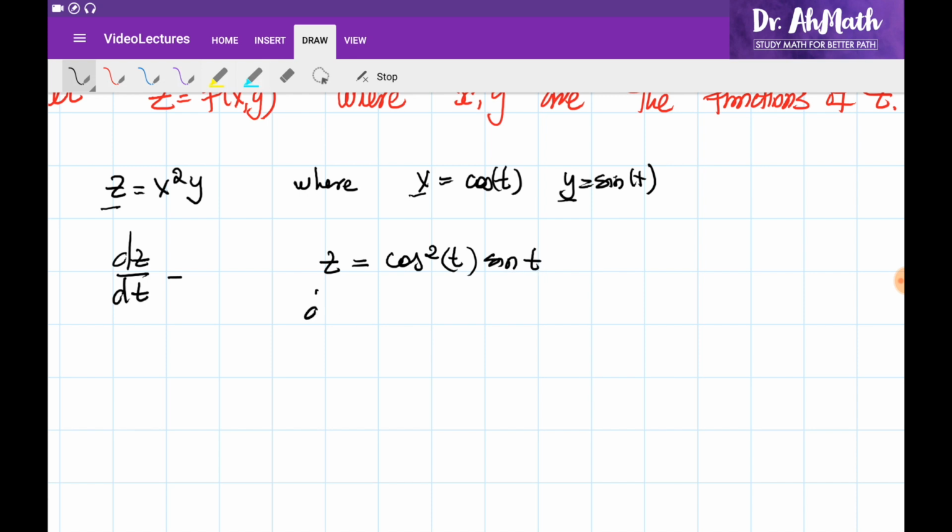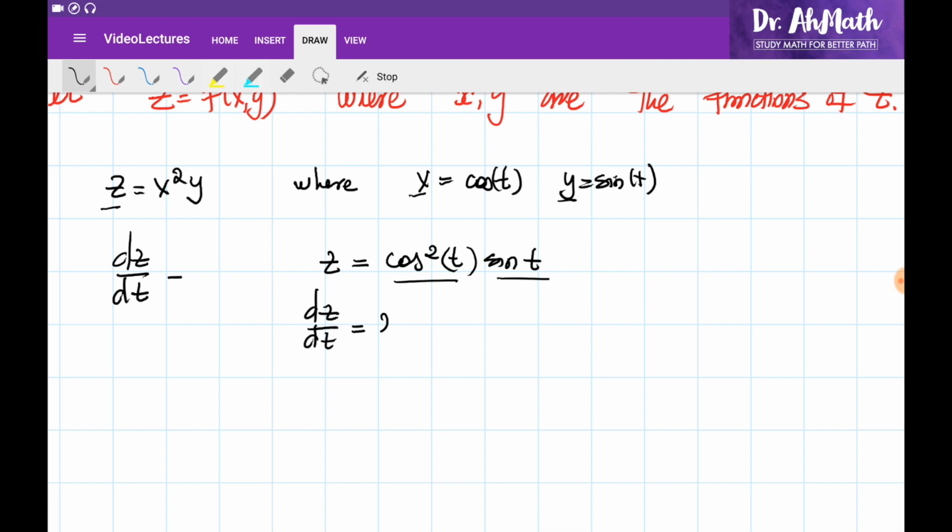And I can obviously take the derivative of z with respect to t easily by using the multiplication rule, right? So this is going to be the derivative of this part multiplied by the sine of t plus the derivative of the sine multiplied by the cosine square. So let us write this down.